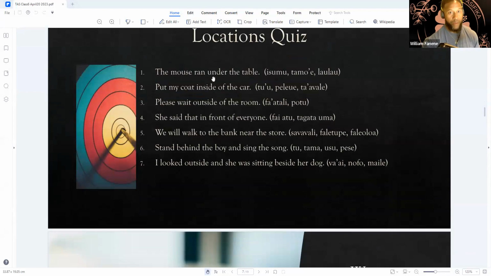So the mouse ran under the table. In this case, we do have the words here. Isumu is mouse. Tamoe is to run, and lalo is table. So how would we say the mouse ran under the table?